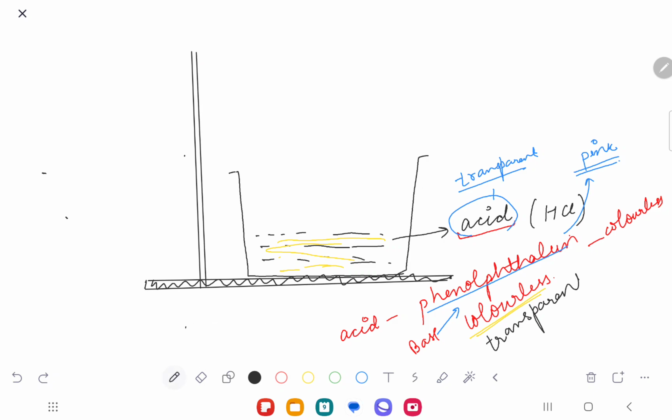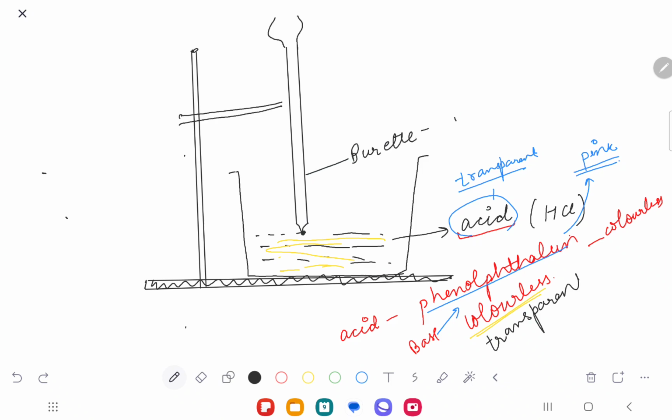And this stand is going to do what? This stand has a handle here, under which I am going to have another calibrated burette. This is called my burette. You understand? This is a burette.